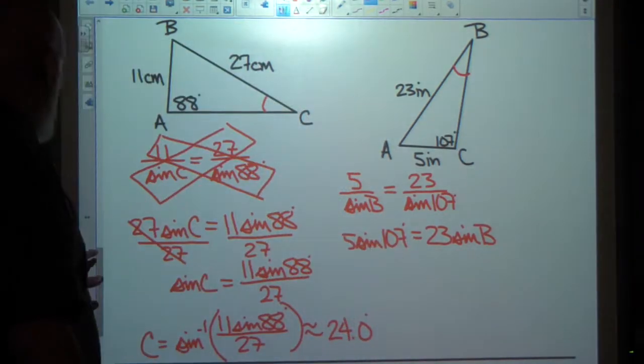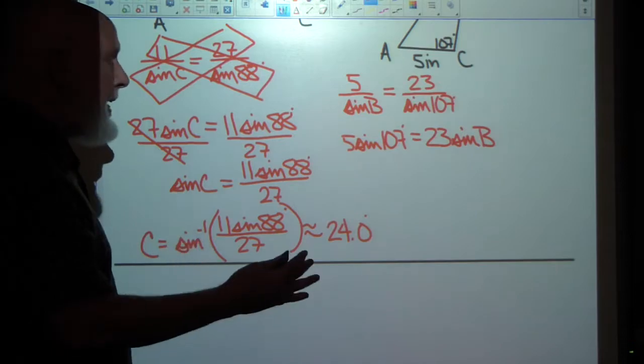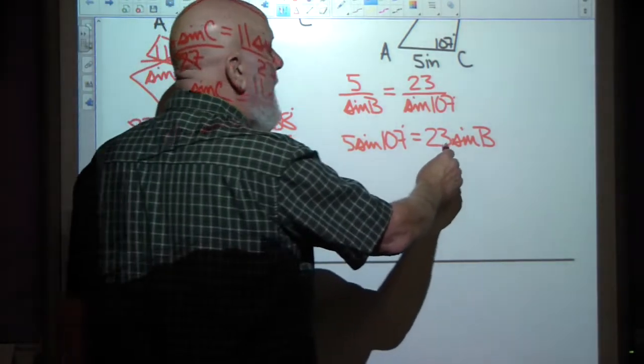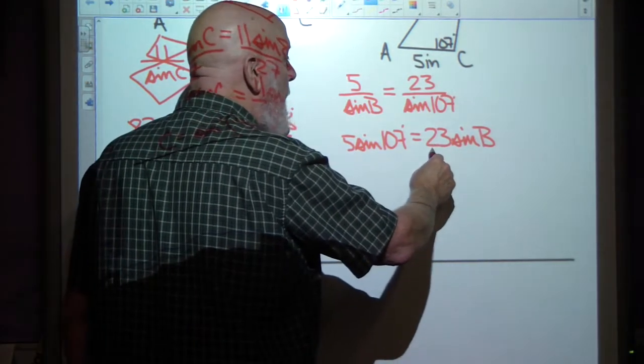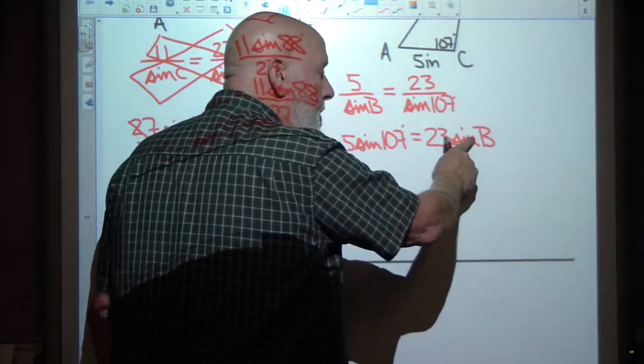I don't want 23 sine B, I just want B. So I'm going to divide both sides by 23 and then take the inverse sine of both sides to get rid of that.